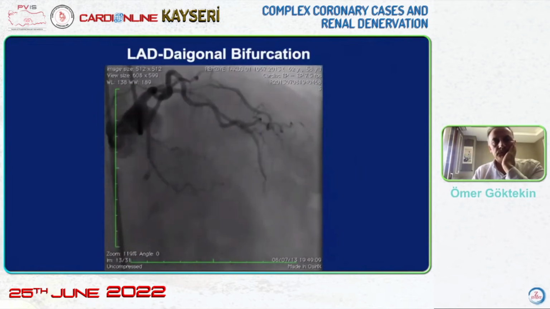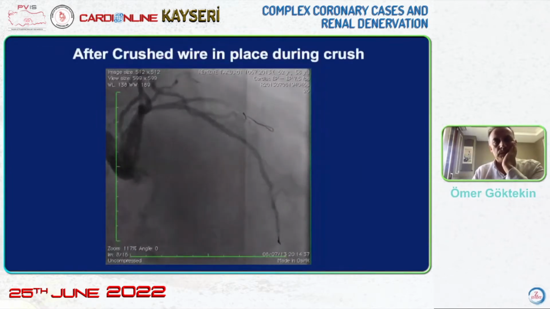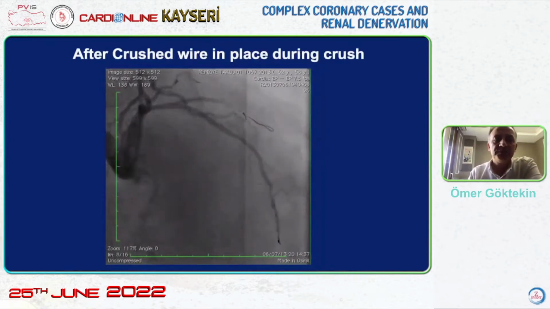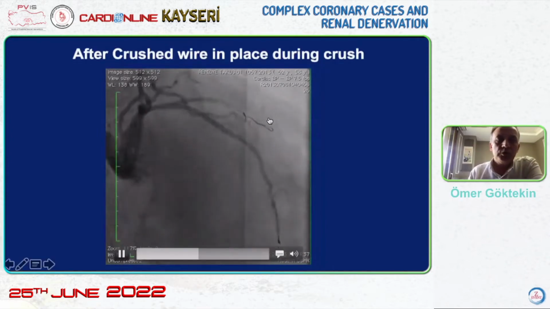After putting it to the side branch, there is the crush.